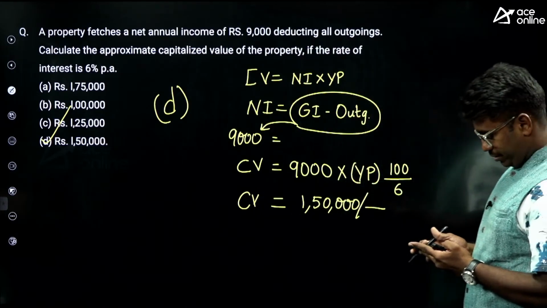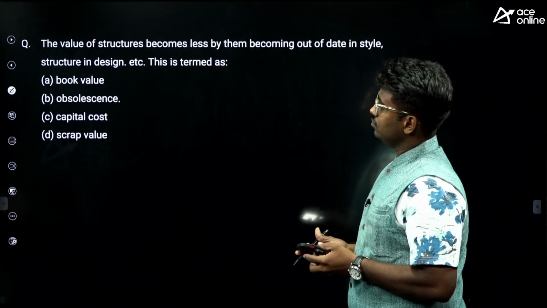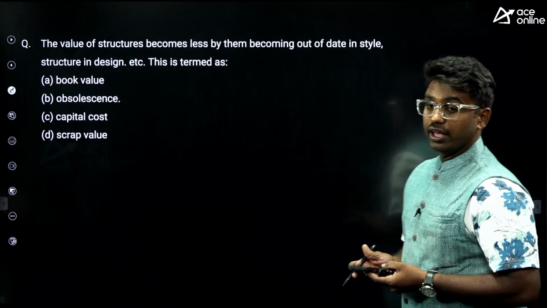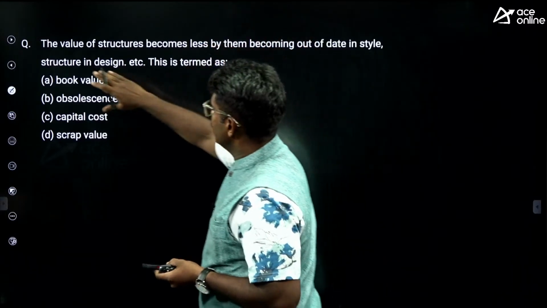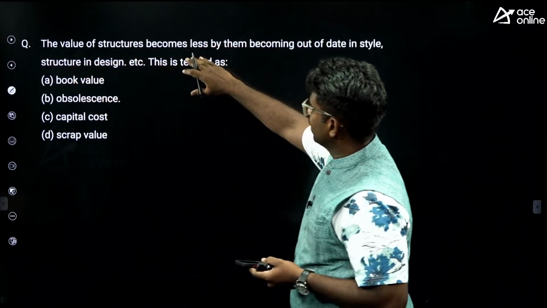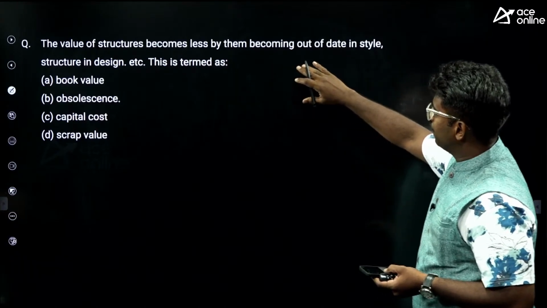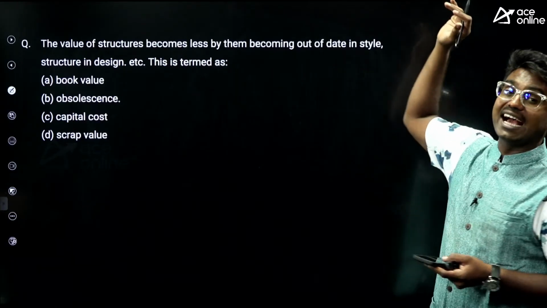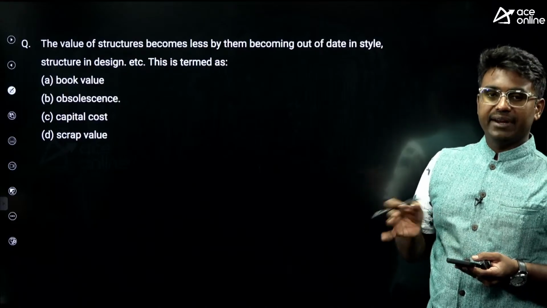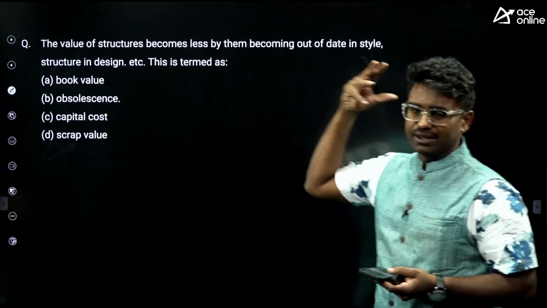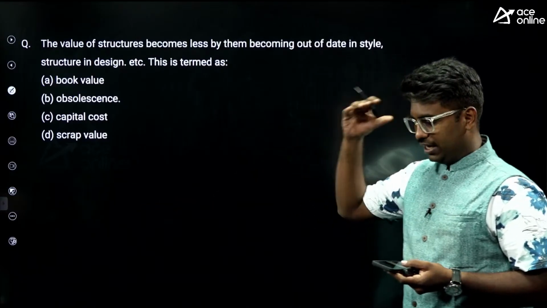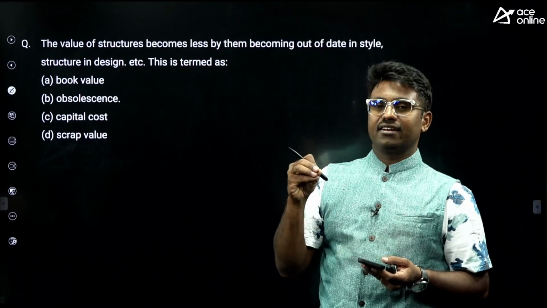Okay, right. Let's see the next one. The value of structures becomes less by becoming outdated in style. Purana ban gaya style. Now you are not accepting that, but you have to buy that building, but it is going for a lesser rate.